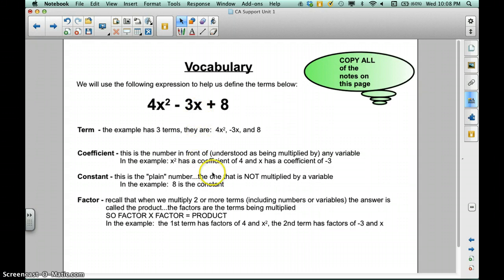Those are the things being multiplied together in the second term. A lot of students forget that a coefficient in front of a variable is actually two separate pieces. You think of it as one piece together, but these are two factors, and together they make a term or a product.